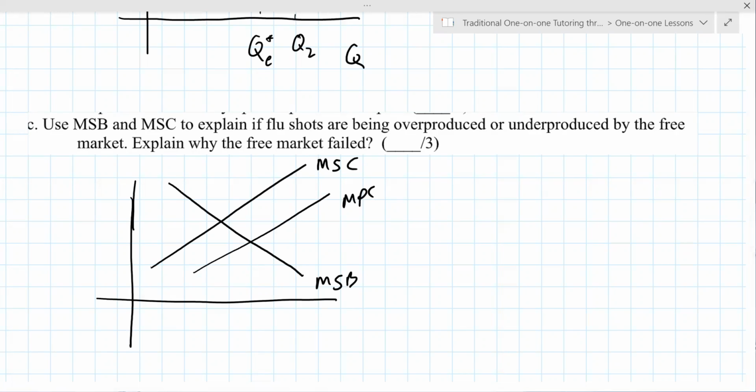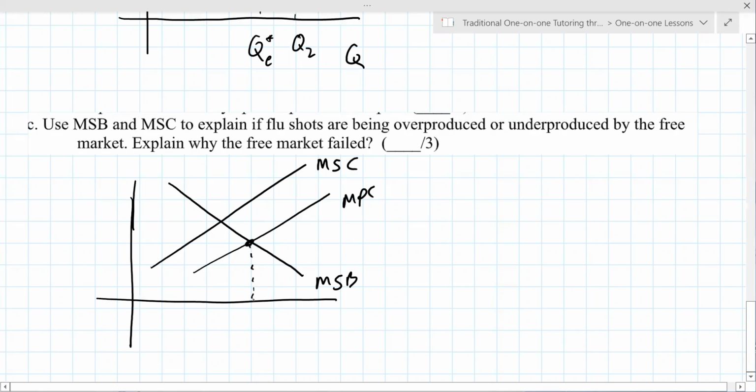So the idea is that there's a market equilibrium, which is here, where the social benefit, which is the demand, equals the private cost, but it doesn't always equal where it should be for the social cost.